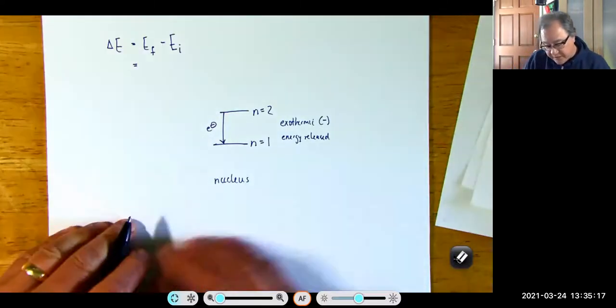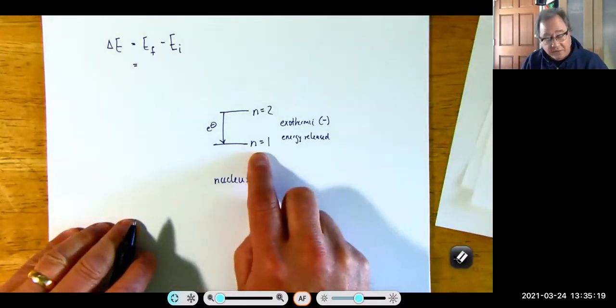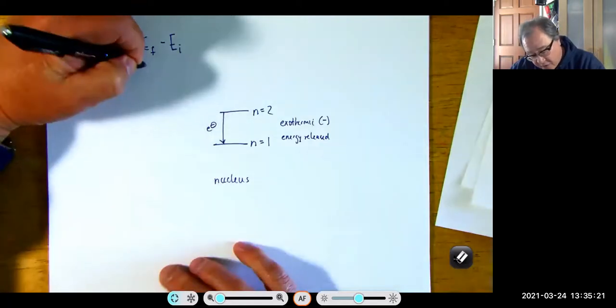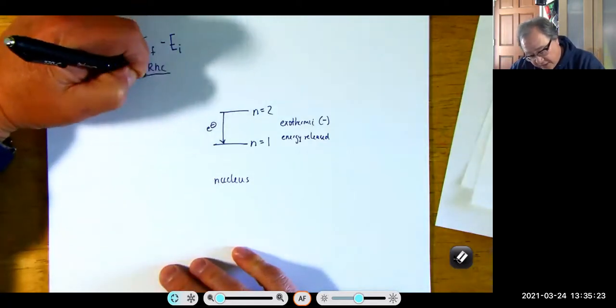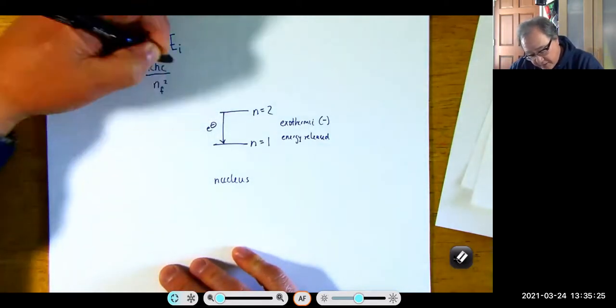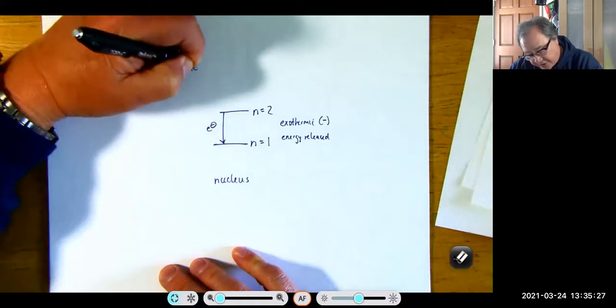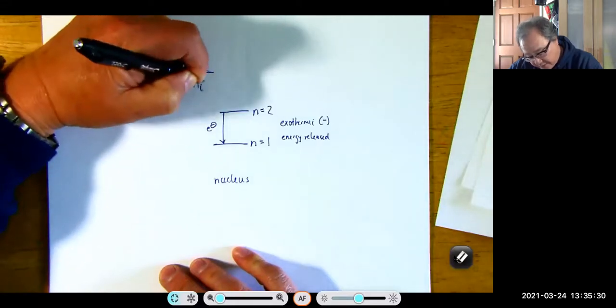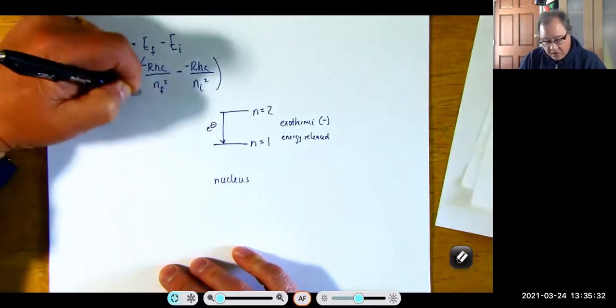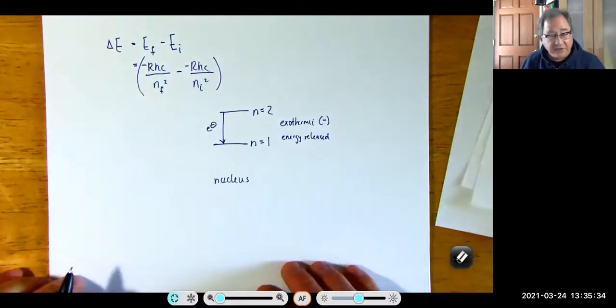If we look at this final state, it's n equal 1, right? So that's negative RHC over n final squared minus negative RHC over n initial squared. I'm going to put that all in big old parentheses for no particular reason.